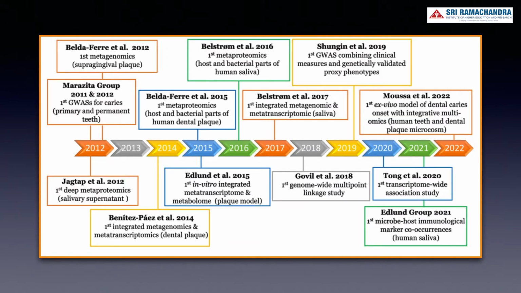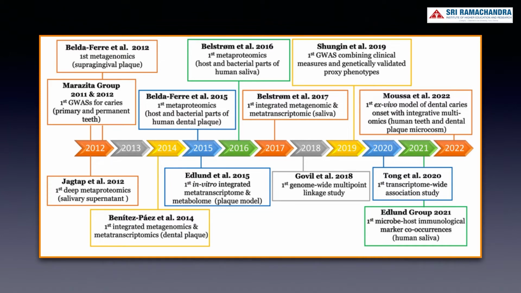However, in the last 10 years, there have been significant advancements in this sphere of analyzing the oral microbiome, starting from genome-wide association studies for caries to better understanding the analysis of active genes in species of microbiomes, which is referred to as metagenomics or metatranscriptomics.